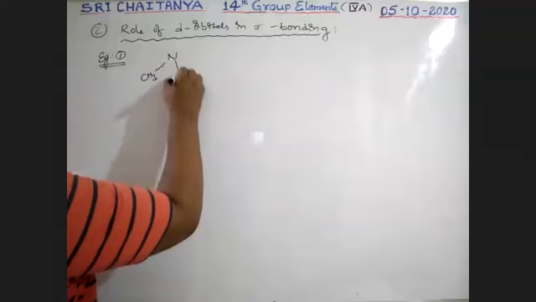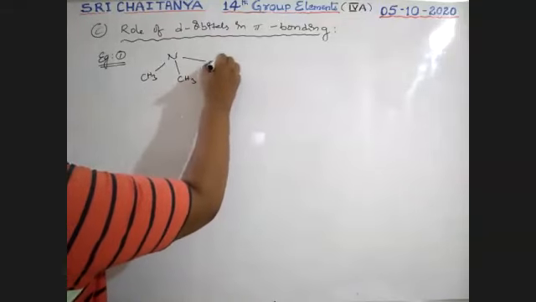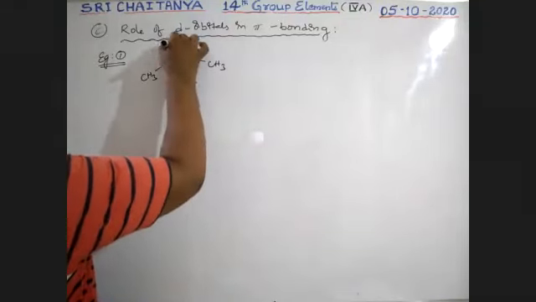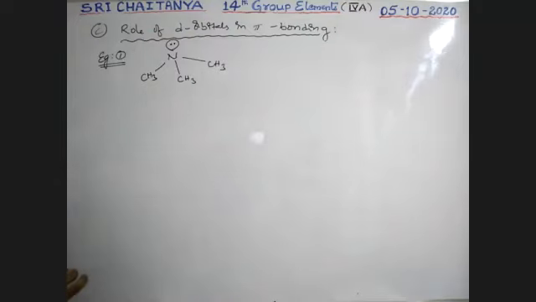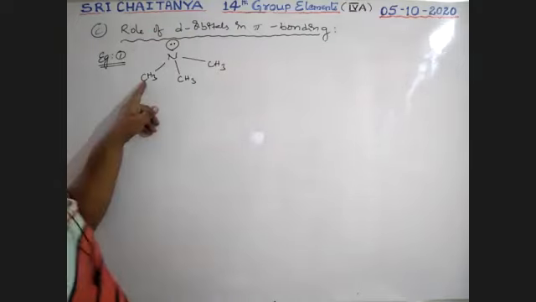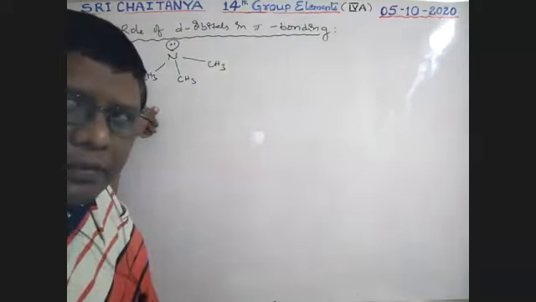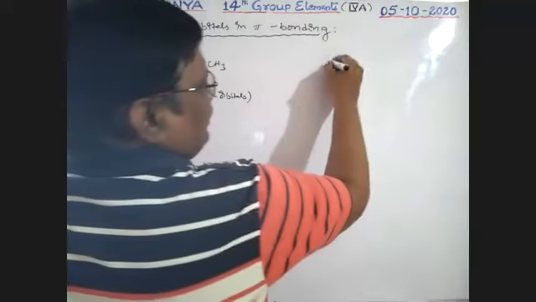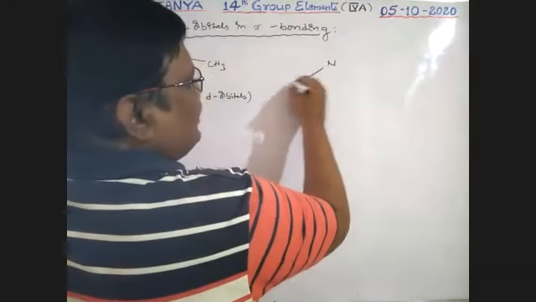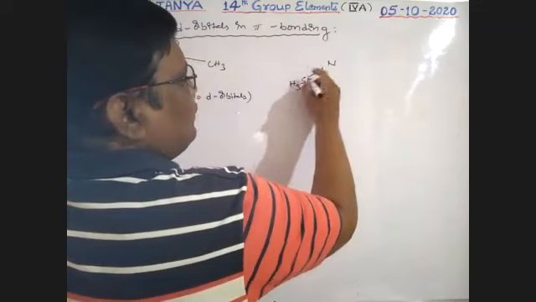Example number one, that is trimethylamine. Nitrogen has a lone pair. Here carbon has no d orbitals, boys. Please keep in mind, carbon has no d orbitals. Next, nitrogen with SiH3, silyl.